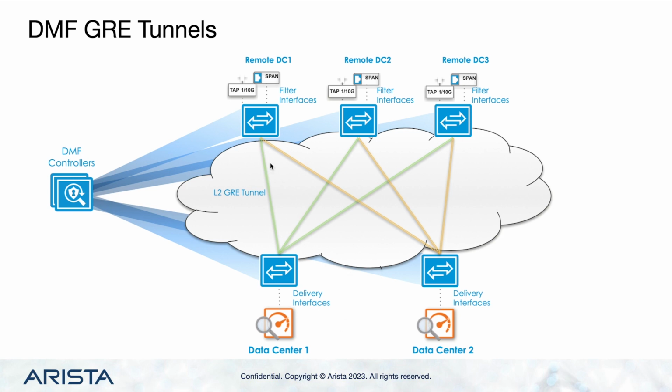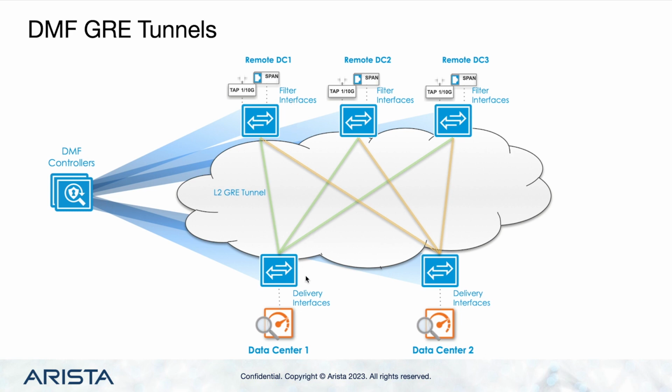In this circumstance, we're going to build GRE core interface tunnels between these switches. Having those GRE tunnels between the switches as core interfaces allows me, when I'm creating that DMF policy, to identify those interfaces as filter interfaces, as source interfaces in, say, remote DC1.